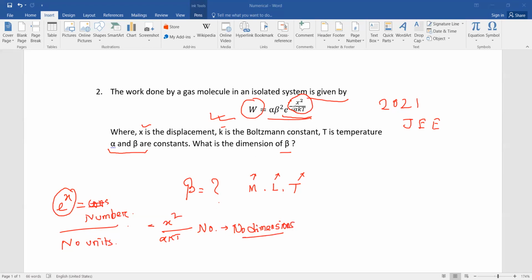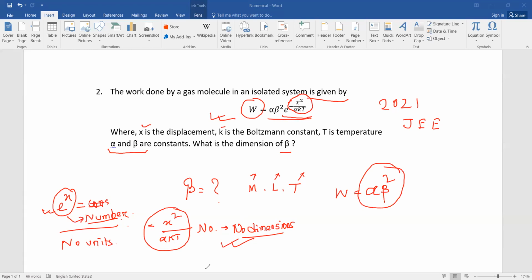So once again, e to the power something is a number. So that this exponential term is a number, the power of the exponential should also be a number, and that means this x square over alpha kT term has no dimensions. So W is equal to alpha beta square, and this term will have the dimensions.